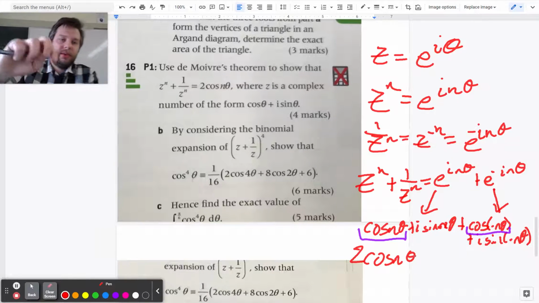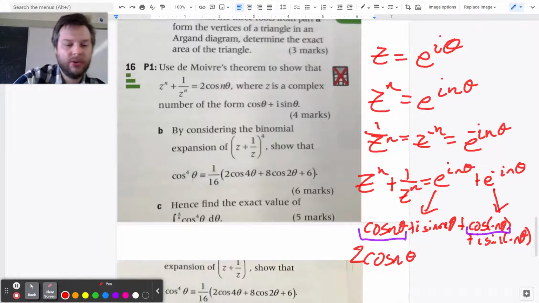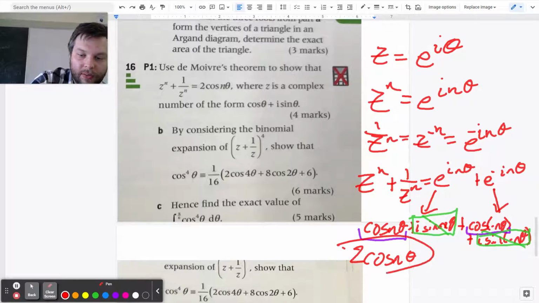And if you do that with your fingers, you'll notice that one finger moves up and the other finger moves down. So they have the same y value but opposite. And so when I try to mark that, the sine of n theta and the sine of negative n theta are opposites. And they cancel out, and we have the result that we wanted, 2 cosine n theta.